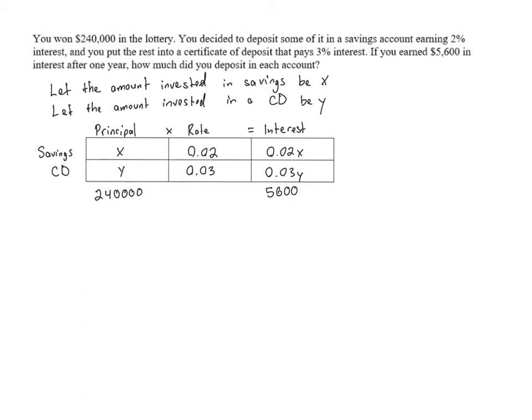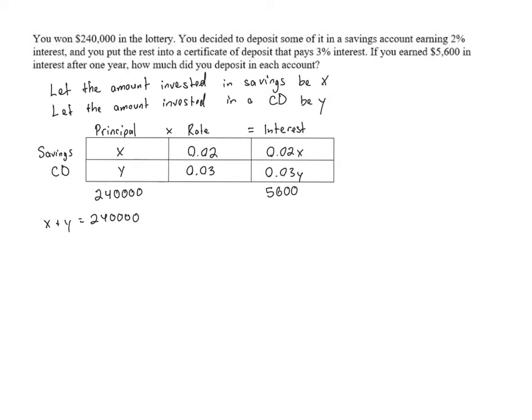Now we're ready to write our system of equations. The first one's going to come from the principal column because x was the amount you invested in savings and y was the amount you invested in the CD, and the total you invested was $240,000. That means that x plus y has to be equal to $240,000.